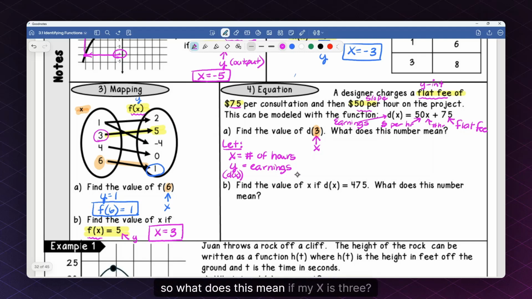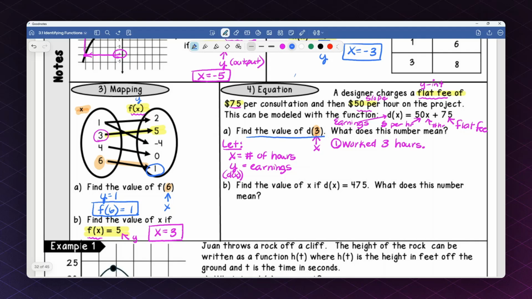Okay, so what does this mean? If my X is 3, that means that this designer worked 3 hours. That's the first thing it means. The second thing is that it said to find the value of D of 3. So we're going to plug that 3 into this function.